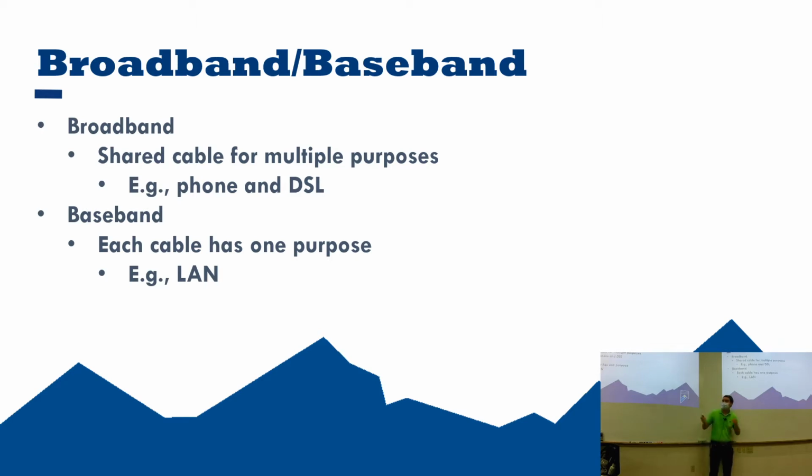Think about fiber. Which is fiber? It's a trick question because it depends on the type of fiber. You guys heard of dark fiber? Dark fiber is an example of broadband because you can have multiple signals going across the same cable. Whereas if you think of a traditional fiber patch cable, you can really only do one thing with it at a time. And in fact, fiber is kind of unique. Well, not necessarily completely unique, but you have one cable for transmit, one cable for receive with fiber.